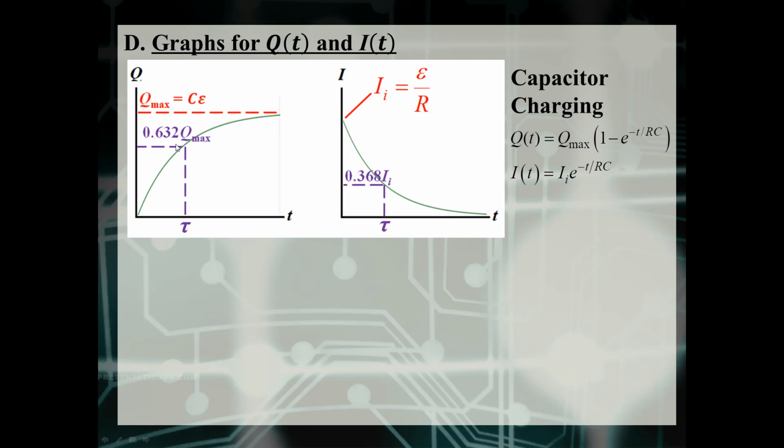And then in the process of the capacitor charging, the current started to approach zero, because if the capacitor and the resistor are in series, once the capacitor is charged, there's no longer any current through that branch. So the current started to undergo that exponential decay.